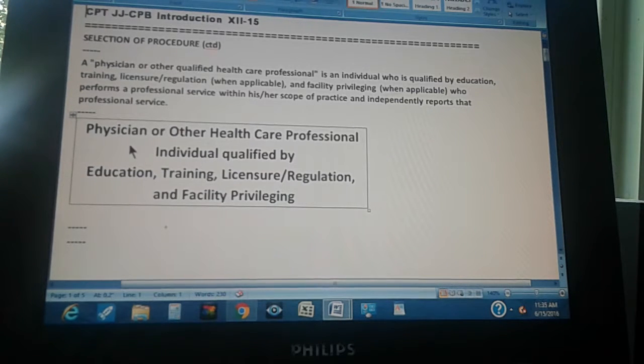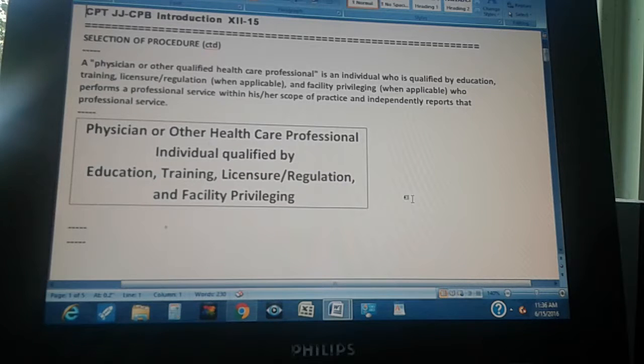Physician or other healthcare professional: an individual qualified by education, training, licensure, regulation, and facility privileging. This is how you identify the person who is responsible for the procedure. That's all our theory for today, just identifying the person who performs the procedure. Okay, so this is our theory.